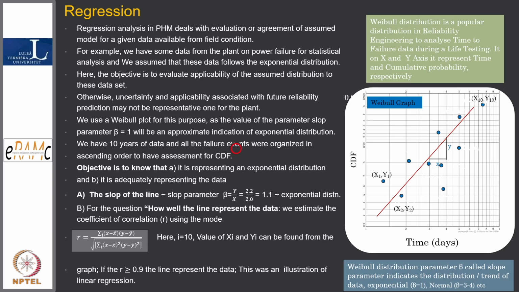Weibull distribution is, in reliability parlance or engineering, used to plot the life test data. So I am showing you some data has been collected, data point 1, data point 2, and we have gone up to data point 10.